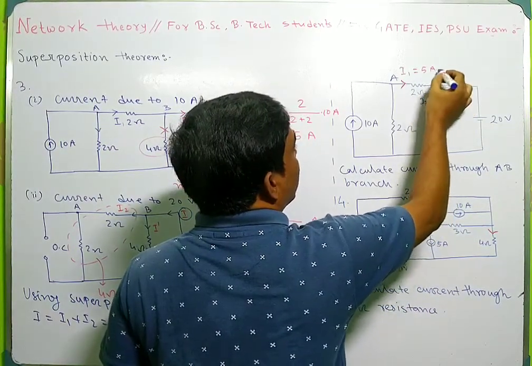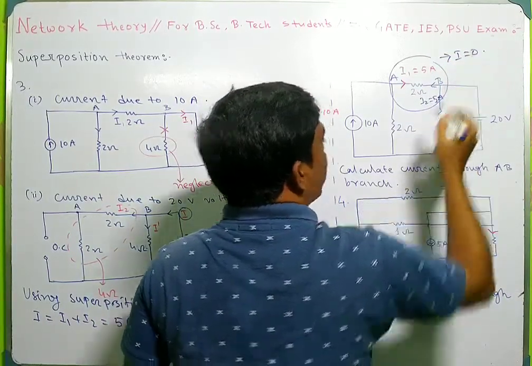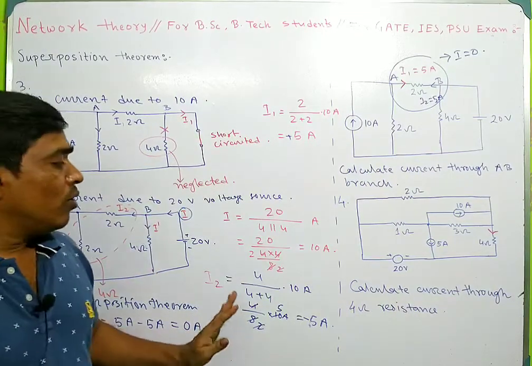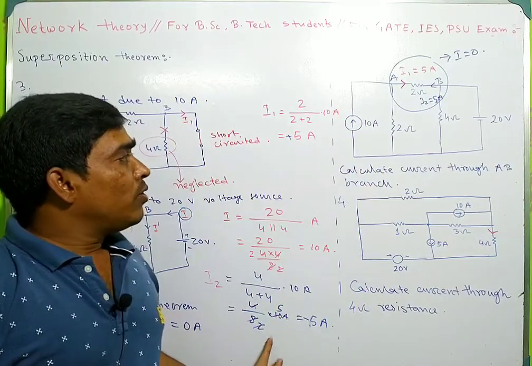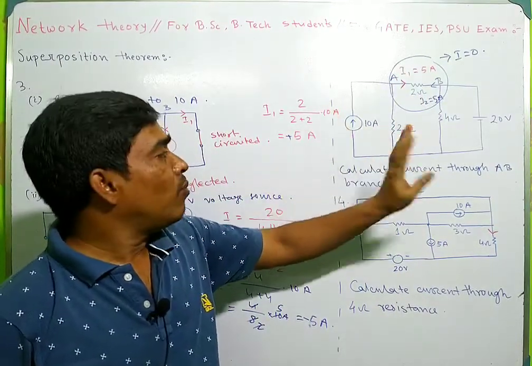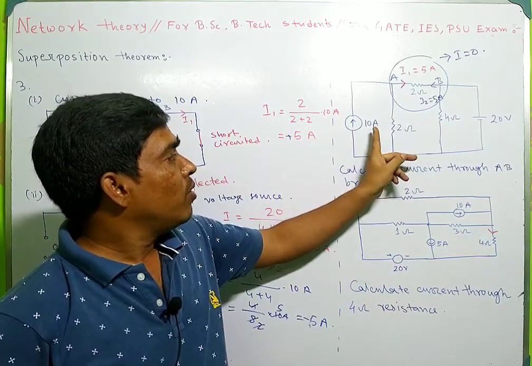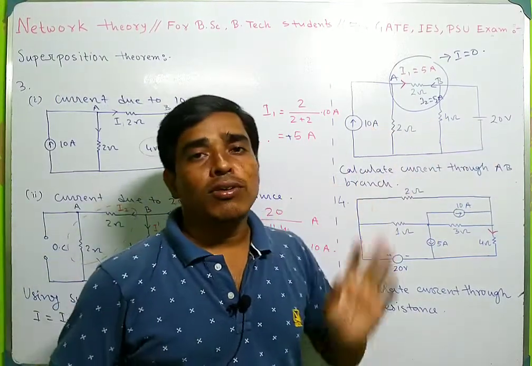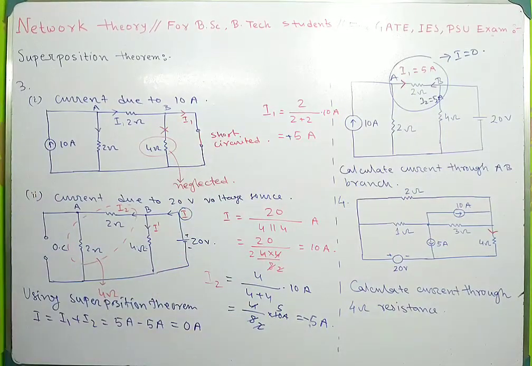So the total current of this branch is 0 due to the 2 energy sources. According to the superposition theorem, the branch current is the algebraic sum of the resultant currents due to the 2 individual sources. Okay, so this is problem number 3.